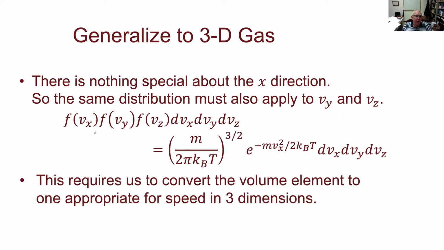So I start down here and I take the terms for each of my velocity components, and I take a dvx, dvy, dvz. If I do that, because each one of these three things, f of vx, f of vy, f of vz, should all be the same, that just says take that thing and cube it.